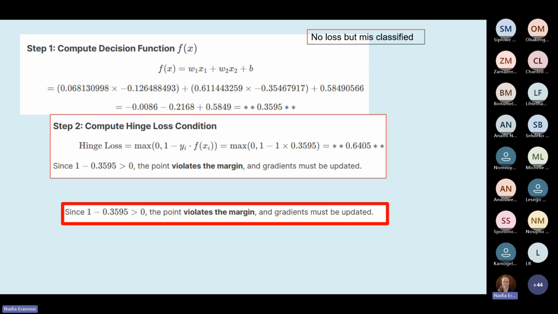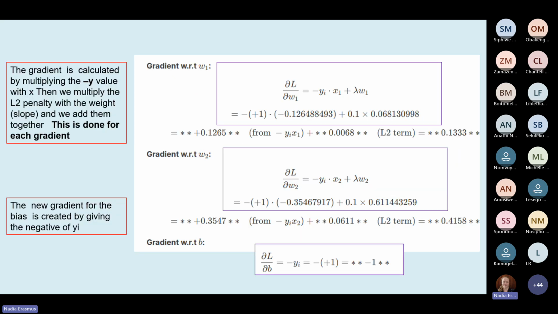So 1 minus 0.3595, which was calculated here at the top, is going to violate the margin, and the gradients are then going to be updated, and you're going to do it over until you get a very nice one.